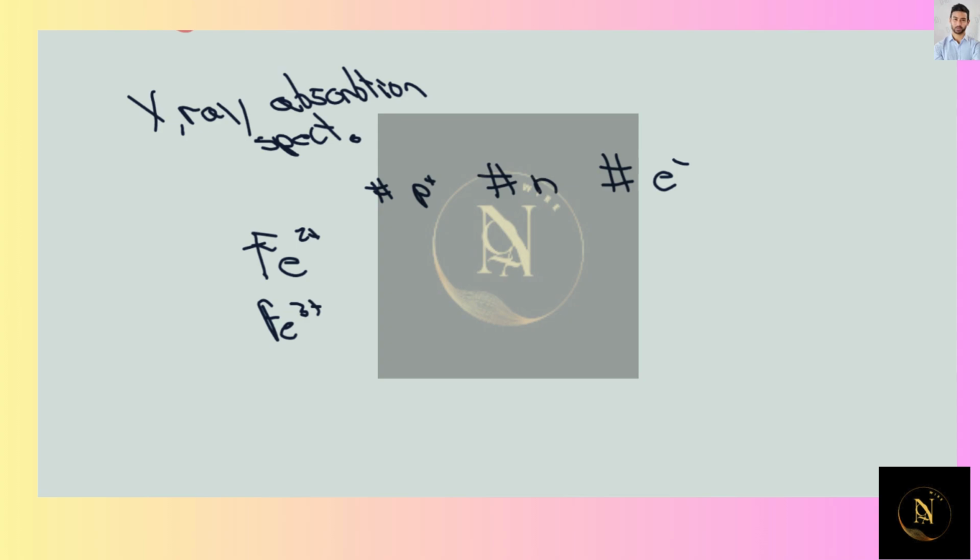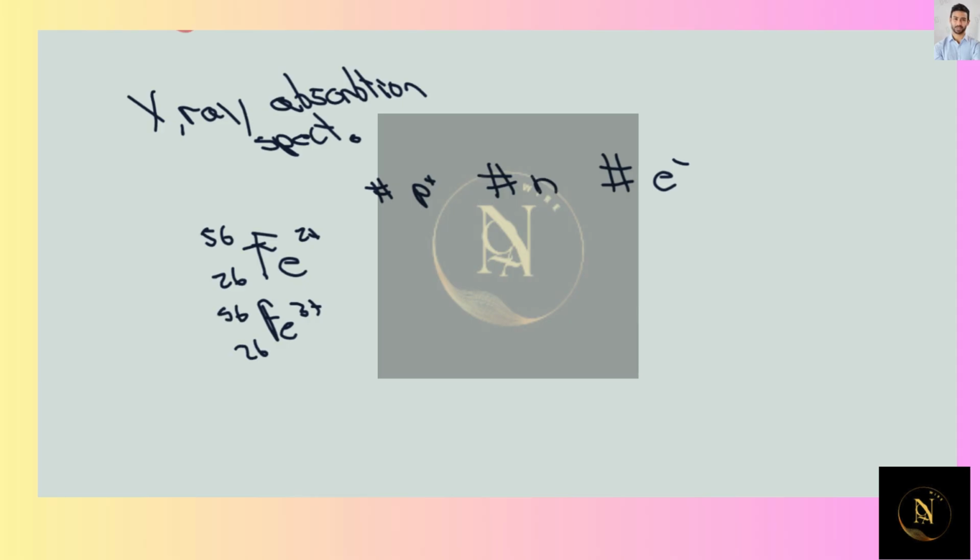First of all, remember that in the case of iron, we can represent this as iron-56 with an atomic number of 26. This is going to be iron-56.